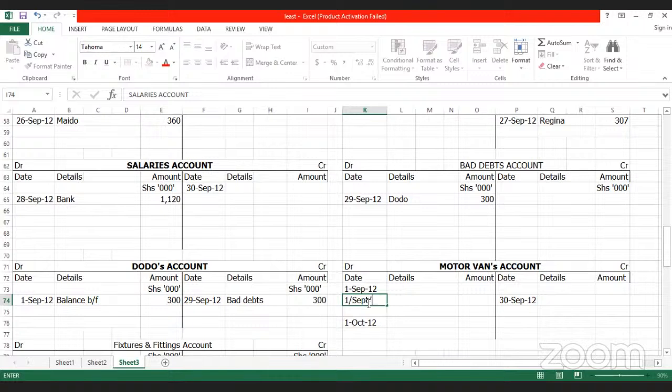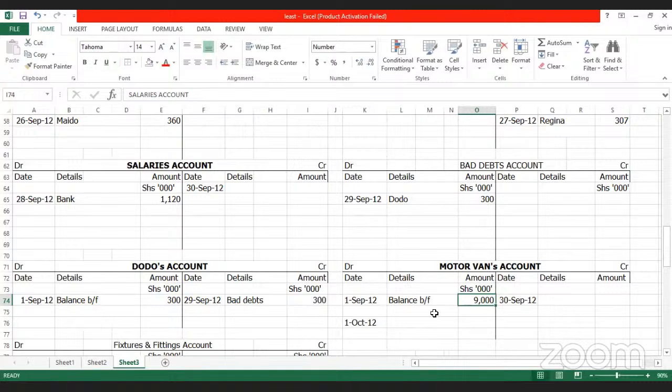There is a balance brought forward of 9,000.